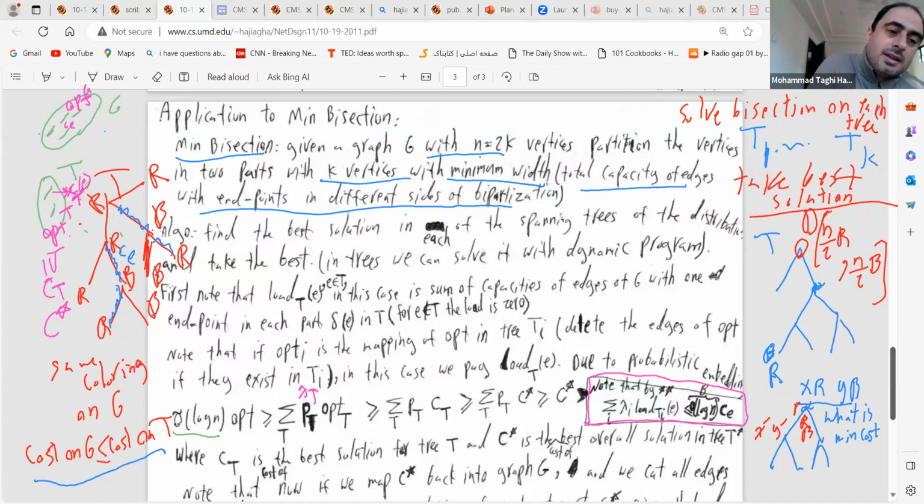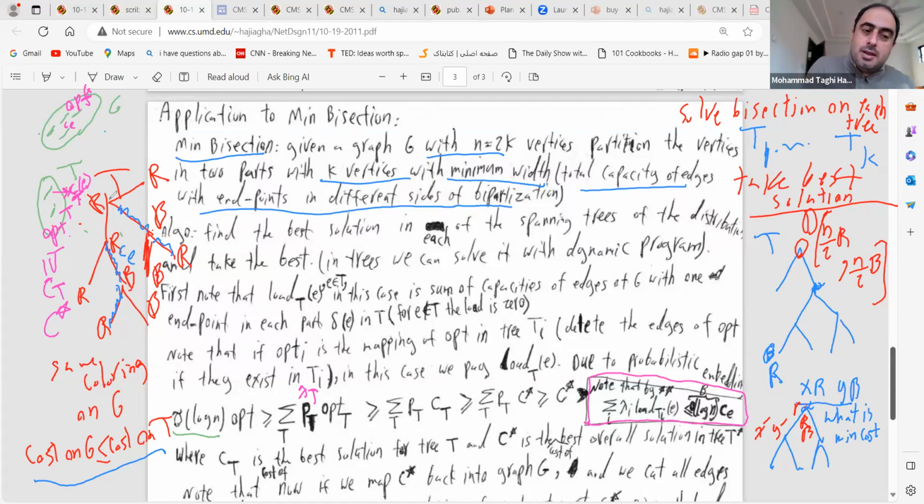What is c_T of e here? As I mentioned, it is the size of the cut corresponding to this H_T. Good. So we have this equation that we have just mentioned, c_T of e.